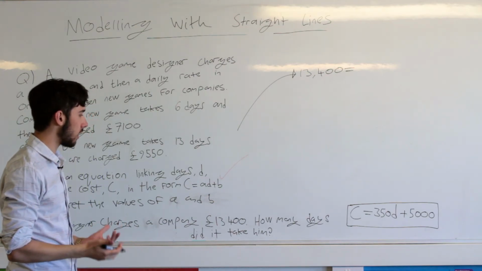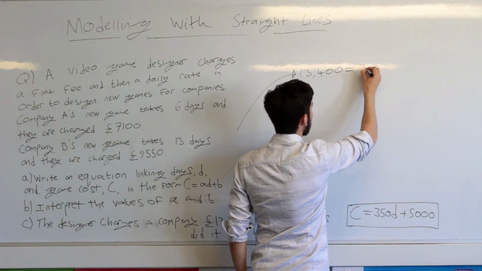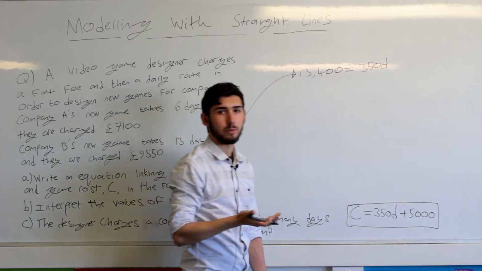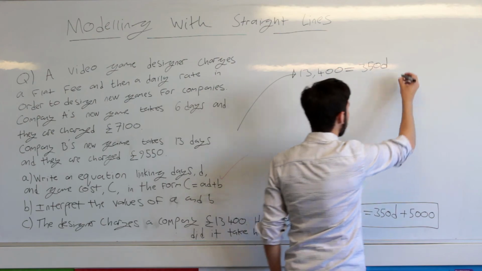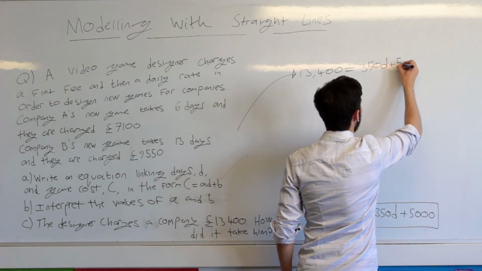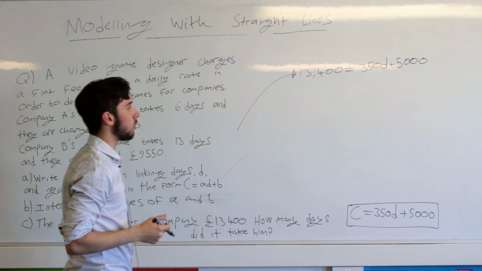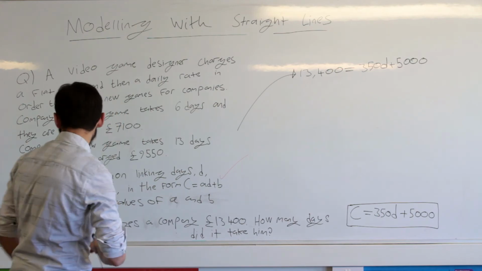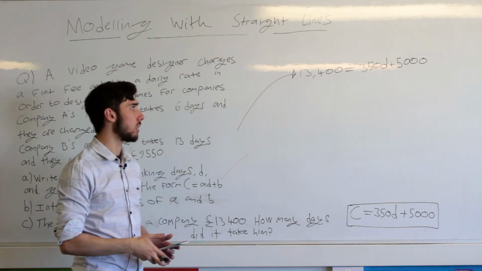So we can just keep that at the moment as 350D. We want to find out what D is. And the 5,000, that never changes. That's always just 5,000. And look at that. We have an equation with just one unknown. It's just D. If we can rearrange this equation to get D on its own, that will give us the number of days that it took.